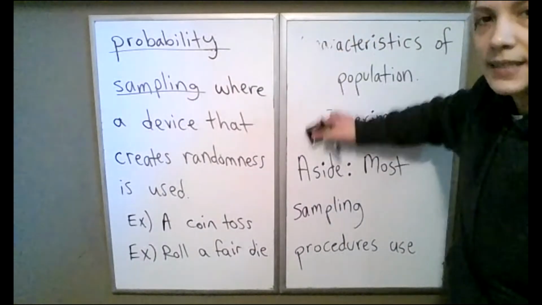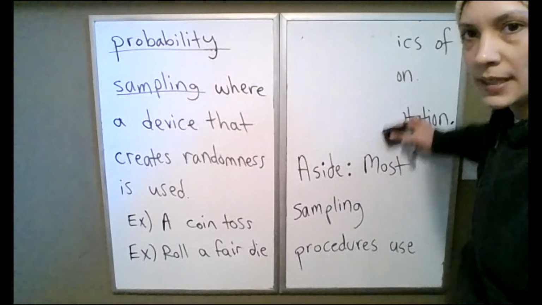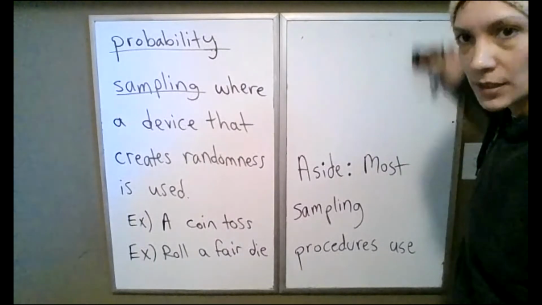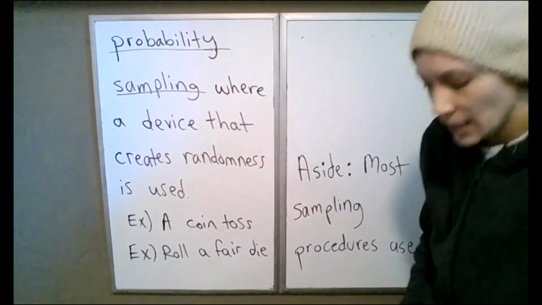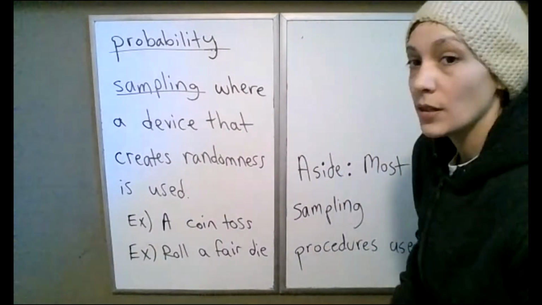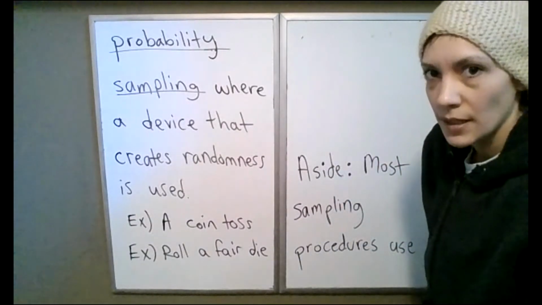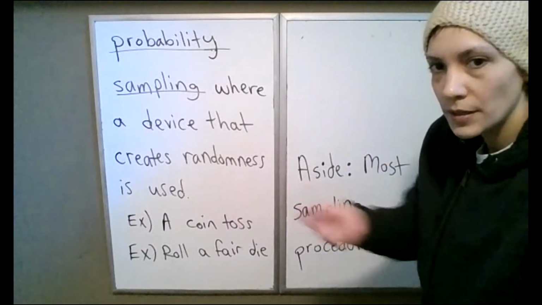Okay. And these days you can go on Google and find a random number generator. So let's say you have 100 people and you number them 1 through 100. Use a random number generator to pick a person to be in the sample.